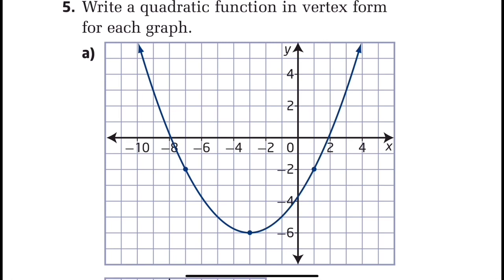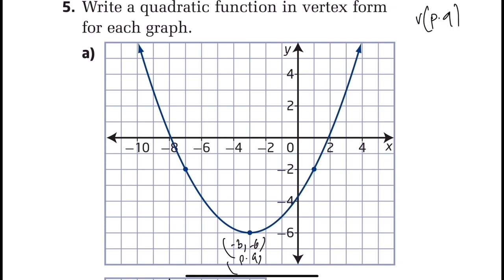The vertex is always the p and q. My vertex is here. This is minus 3 and minus 6. So this is P and this is Q.